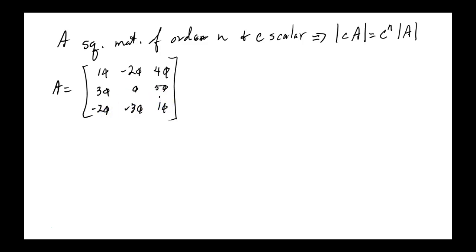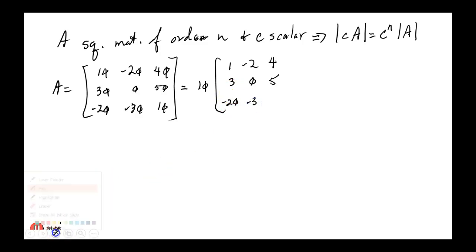Now, if you notice, every element is a multiple of 10. So what you can do is pull out a 10. And that would be 10 times 1, negative 2, 4, 3, 0, 5, negative 2, negative 3, 1. I'm sorry, I don't know where my brain went there. It just spaced out.